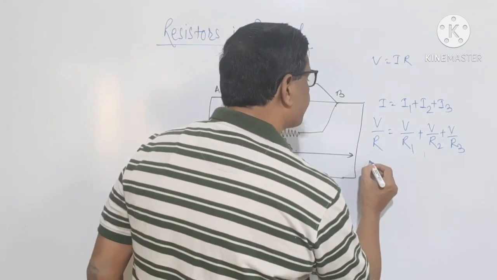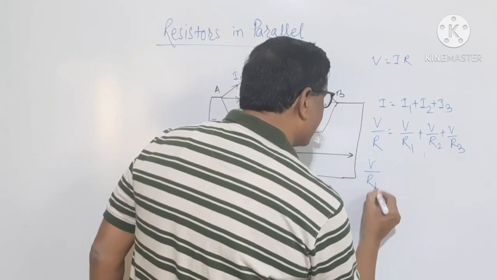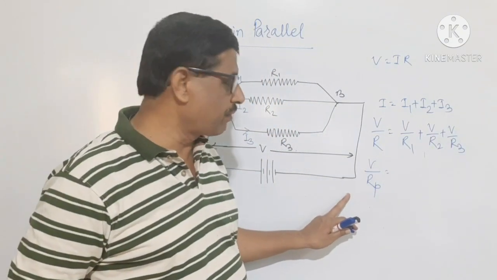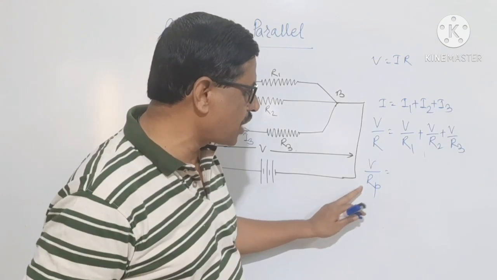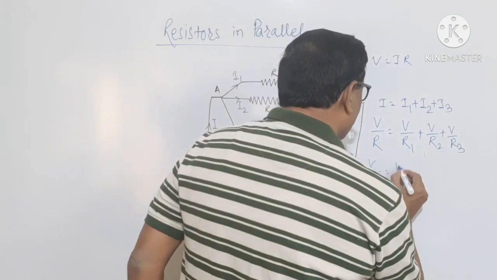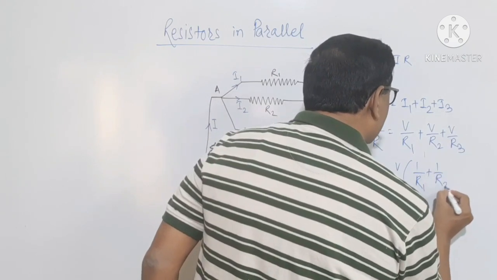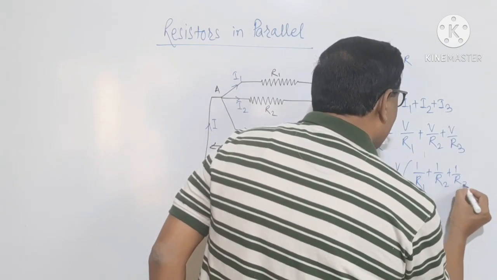Therefore, V divided by the equivalent resistance in a parallel combination, RP, is equal to V times the bracket 1 upon R1 plus 1 upon R2 plus 1 upon R3.